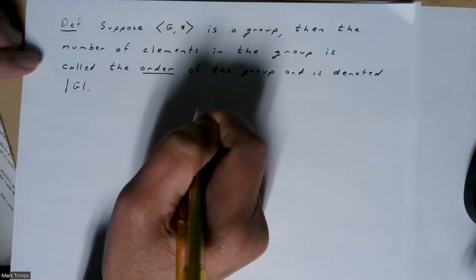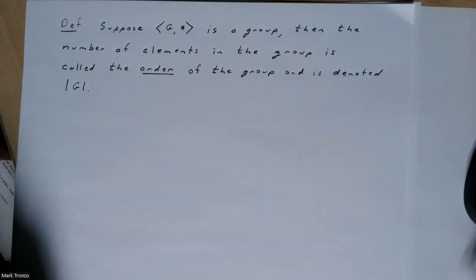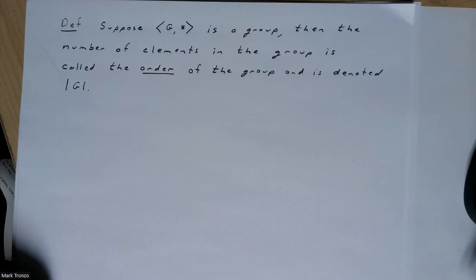And then, of course, if there's a finite number of elements, then the group is called a finite group. If it's infinite, then the group is called infinite.